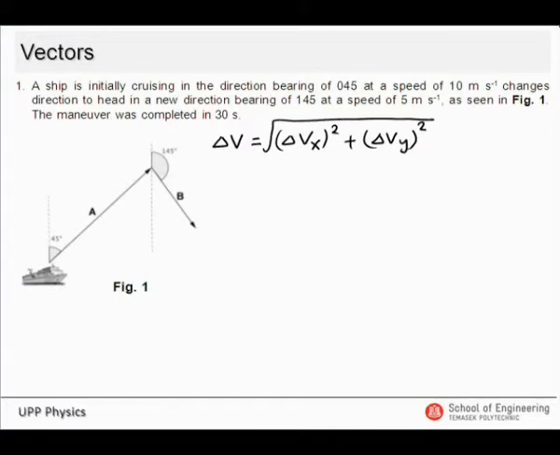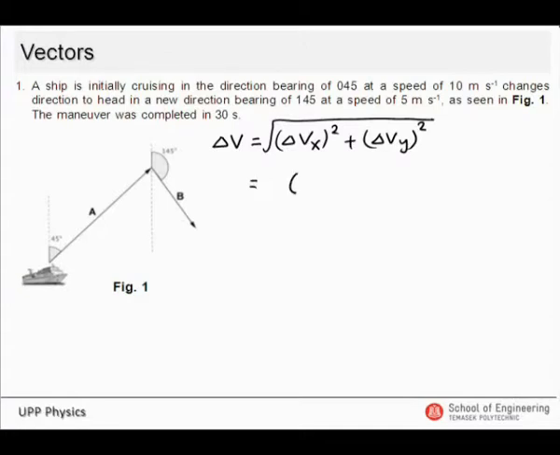This is using the Pythagoras theorem to calculate the magnitude of the change in velocity. Now you may wonder, what is the change in Vx and change in Vy? You got it already. Remember, we add the x components. The x components added up together is the change in Vx.